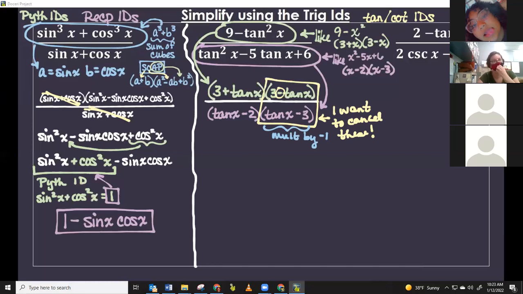I think so. But that fundamentally changes this. But a negative times a negative is a positive, right? So if I do it over there, I would have to also do it over here. Because -1 times -1 just gives me 1, so it won't change it.